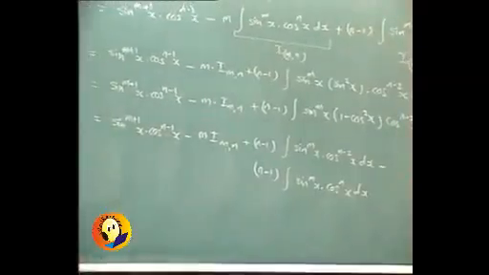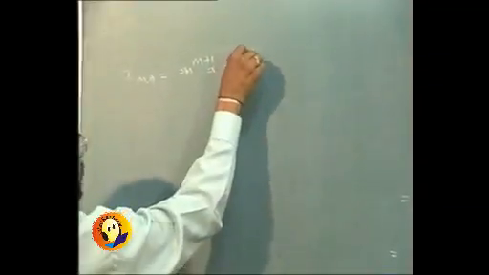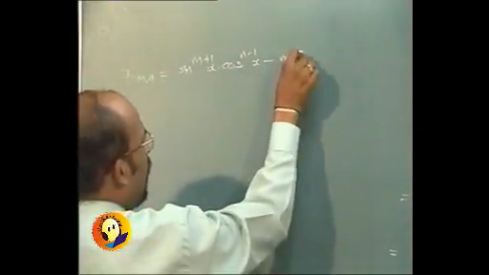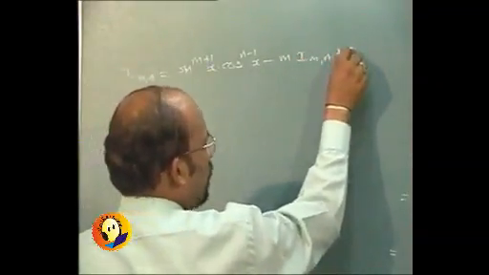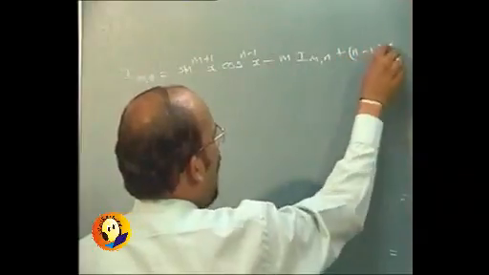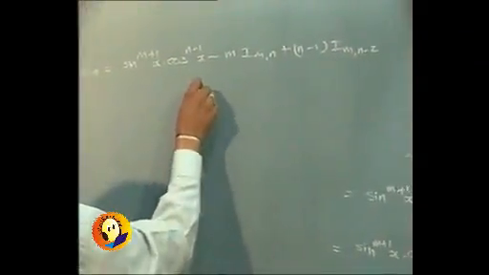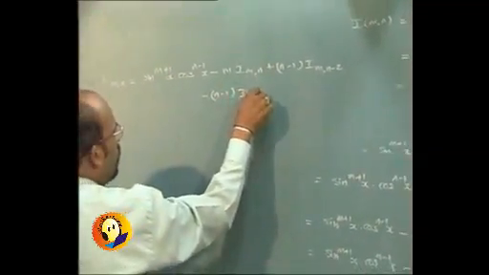And so the simplified form can be written as I(m, n) is equal to sin raised to m plus 1 x into cos raised to n minus 1 x minus m I(m, n) plus n minus 1 I(m, n minus 2) minus n minus 1 I(m, n).